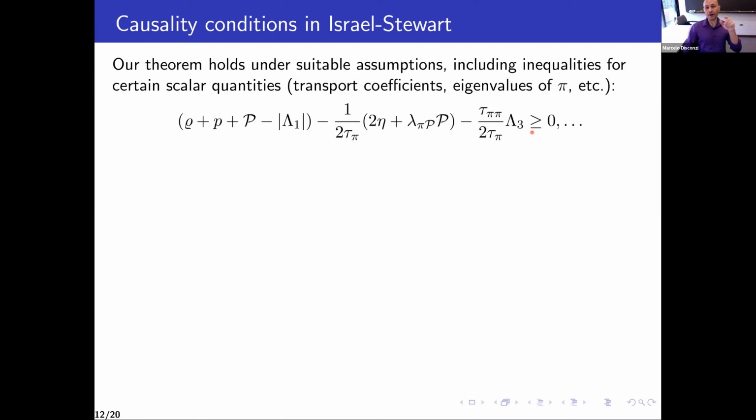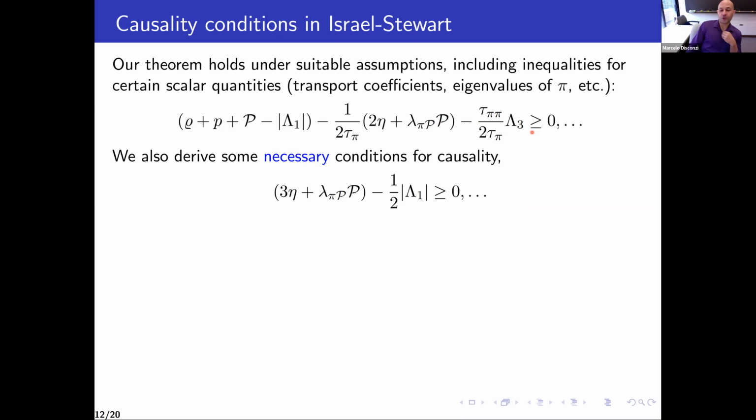But what I want to remark is that we also derive some inequalities that are necessary conditions for causality. Here's an example. Again, the specific meaning of all these symbols right now doesn't matter very much. All you need to know is that there are certain inequalities that we derive that, if violated, imply that the system is not causal. So they are necessary conditions for causality. Now, these necessary conditions are very interesting because all the quantities that enter in these inequalities turned out to be things that people compute in numerical simulations.